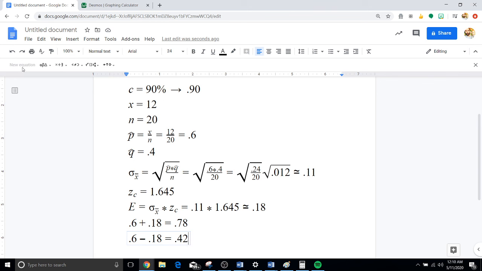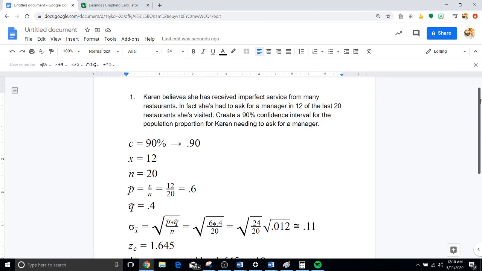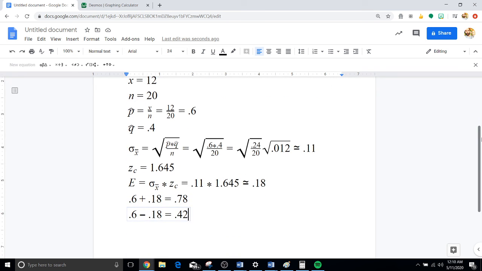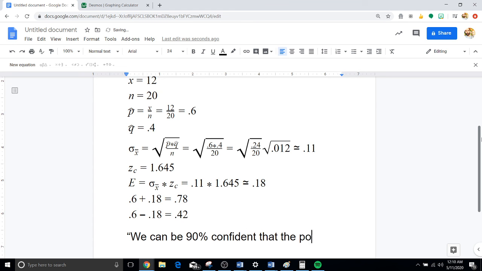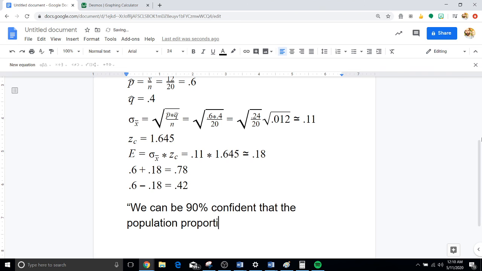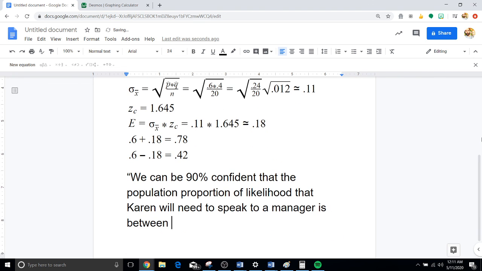Last thing we got to do is put it in the context of the problem. Remember, we're talking about asking for a manager. So we would say, quote, we can be 90% confident that the population proportion of likelihood that Karen will need to speak to a manager is between 42% and 78%.